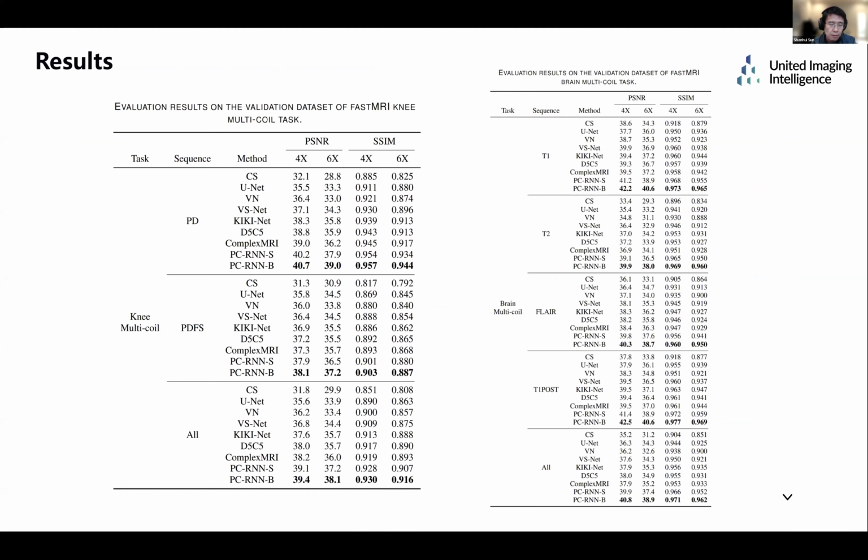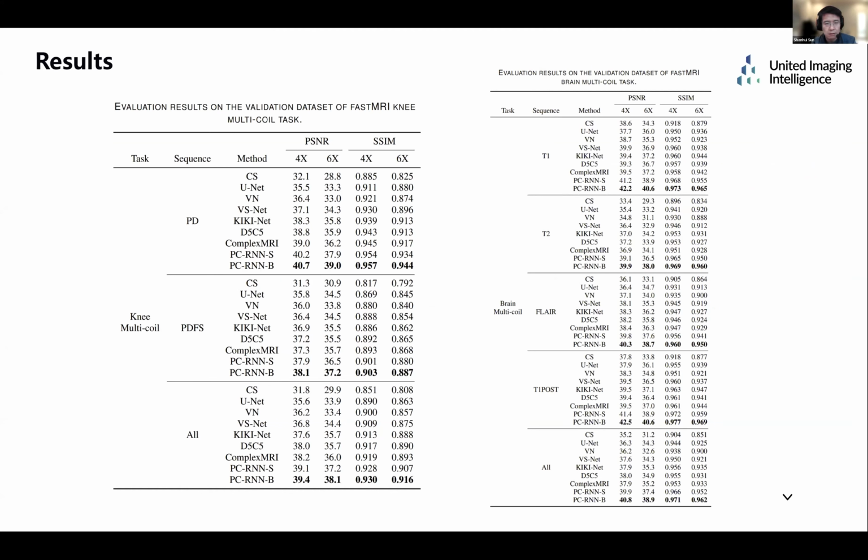Our solution was one of the winners in the fastMRI challenge organized by Facebook in 2019. Afterwards, we extended our method, and we also validated it on both fastMRI knee data and fastMRI brain data.